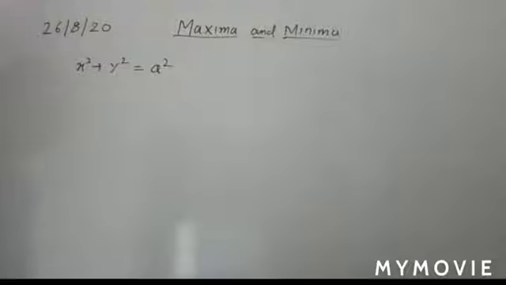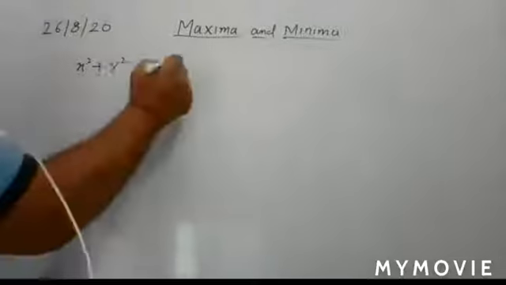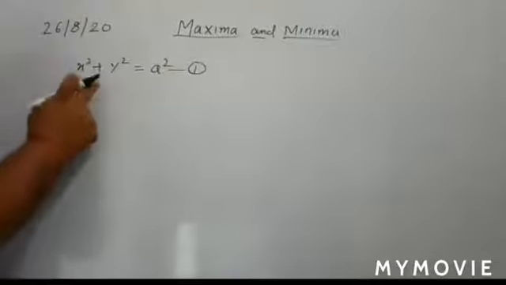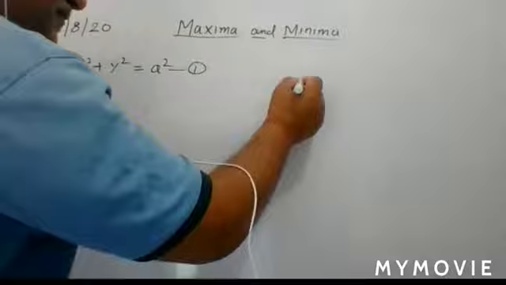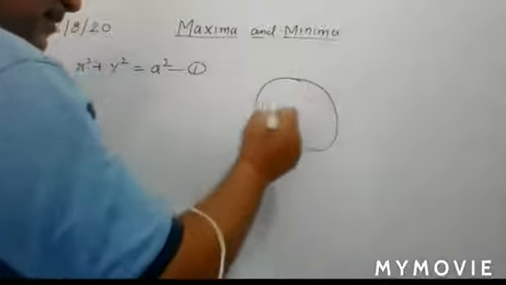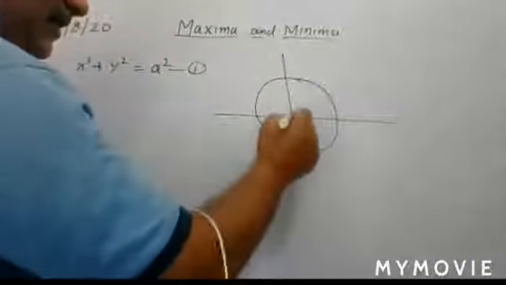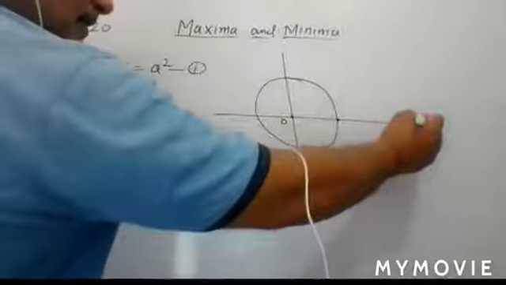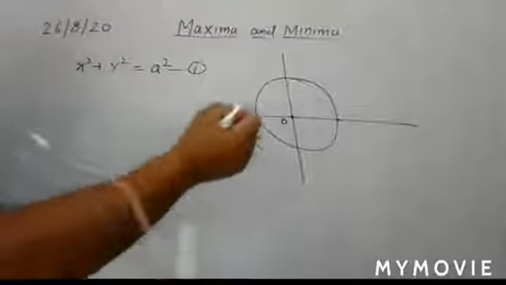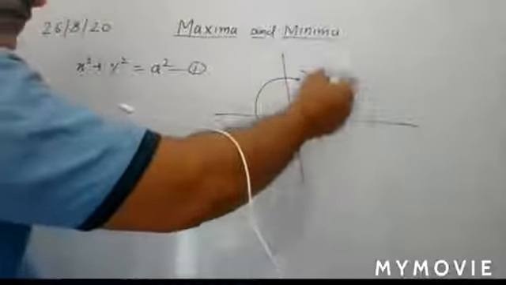Means here you have to find the minimum value of the sum of the intercepts cut by the tangent on the axes. This circle has center 0, 0 and radius a. Suppose here you have a circle whose center is 0, 0 and its radius is a. A tangent touches this circle in the first quadrant.